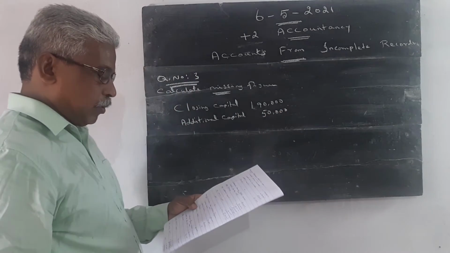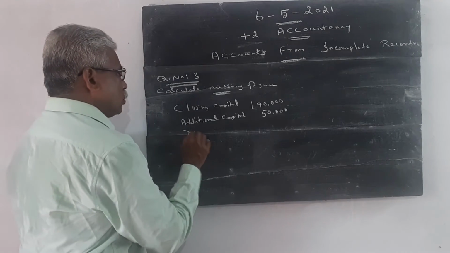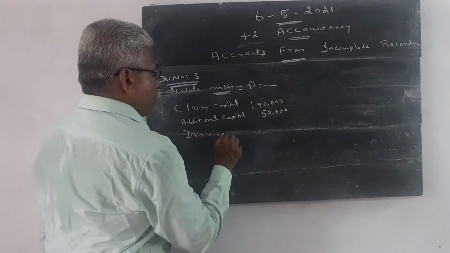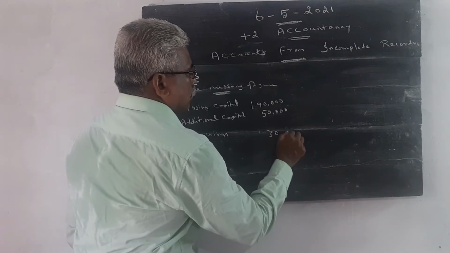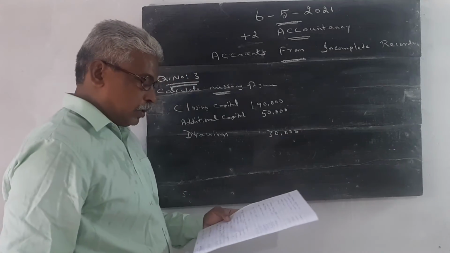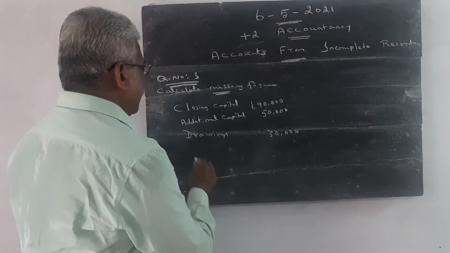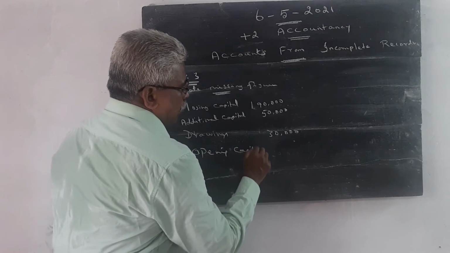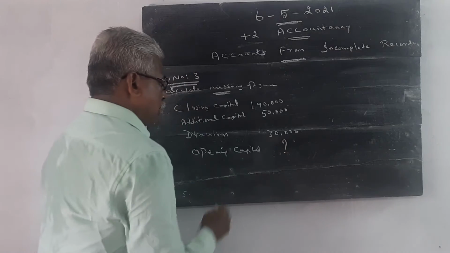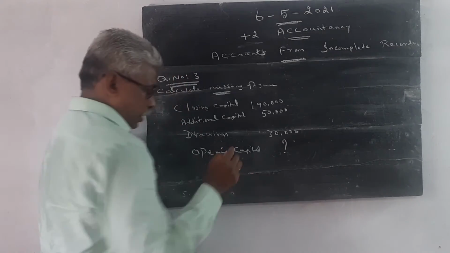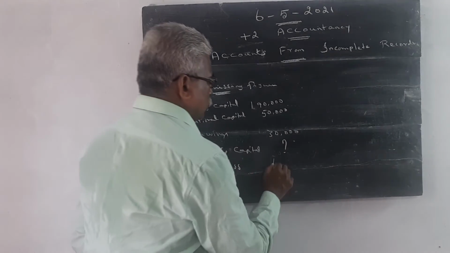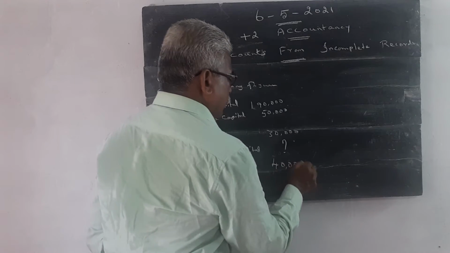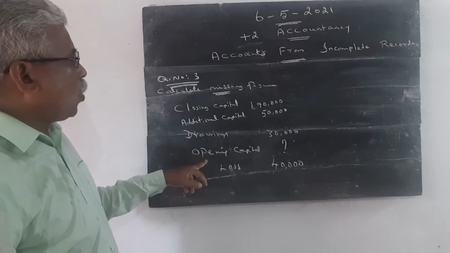Drawings 30,000. Opening capital we have to find out. Opening capital question mark. Then in this question the loss amount is given. Loss is 40,000. We have to calculate the opening capital.